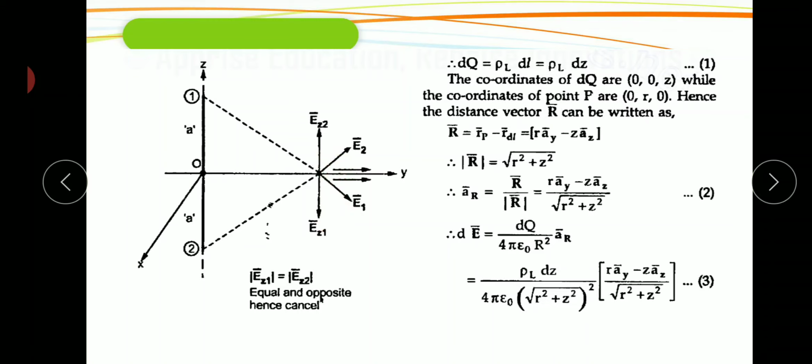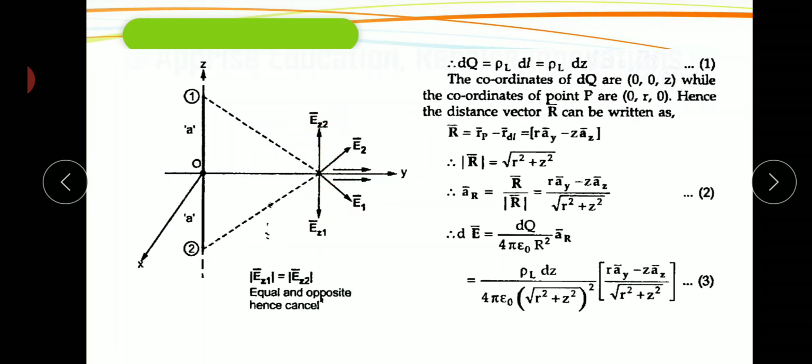and the equal and opposite charges are accumulated along the z axis. So whatever the components along the z axis are simply neglected, and we have to take only the components along the y axis. Why? Because along the z axis the positive and negative side charges cancel each other due to being equal and opposite.